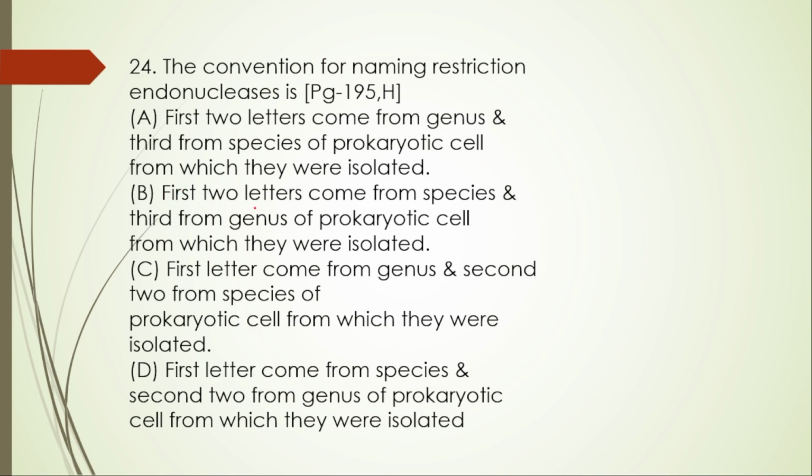No. First two letters from the species and third from the genus? No. First letter from the genus and second two from the species of the prokaryotic cell from which they were isolated? Yes, this one is right. First letter from the species? No, it must be from the genus. So here the right option is option C.